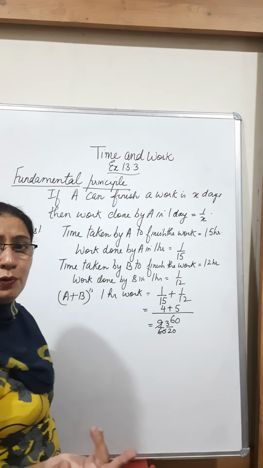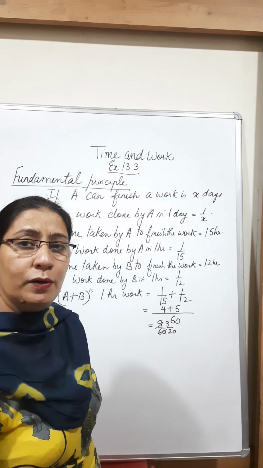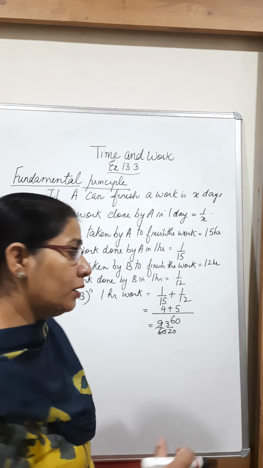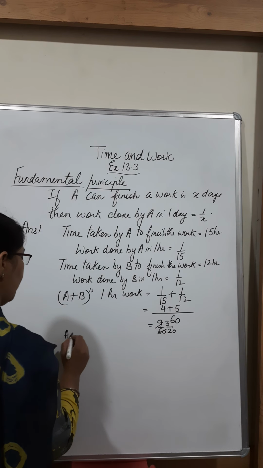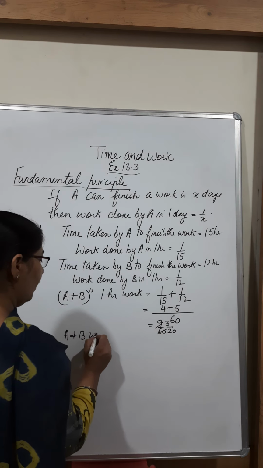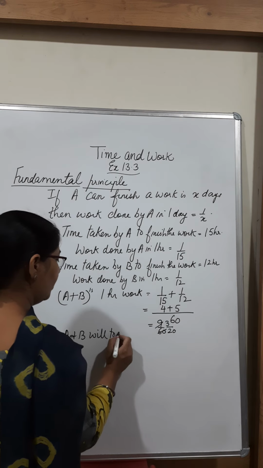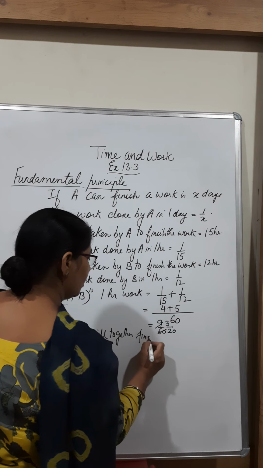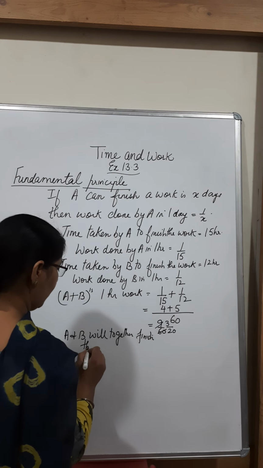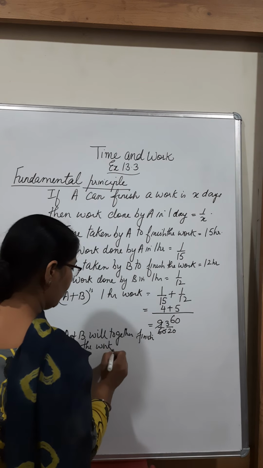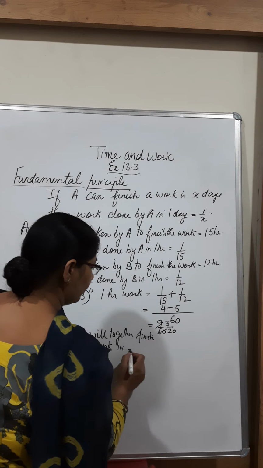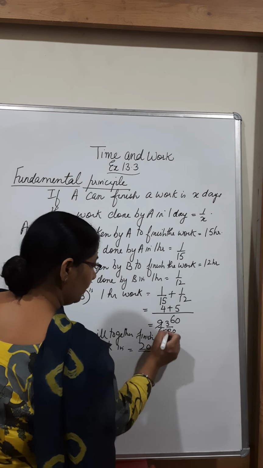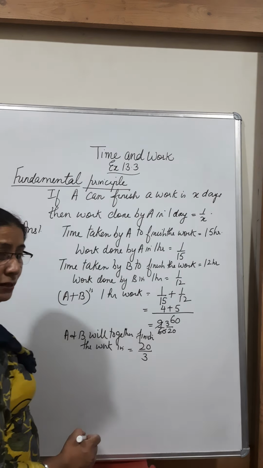But what we want to find? We want to find in what time it will finish the work. So A and B will together finish the work in, what they will do? You will take the reciprocal of this. 3 by 20's reciprocal is 20 by 3.